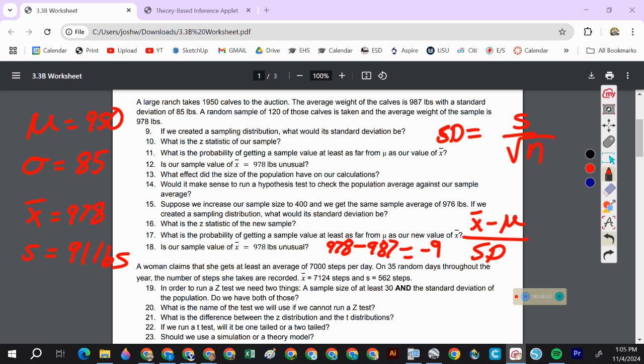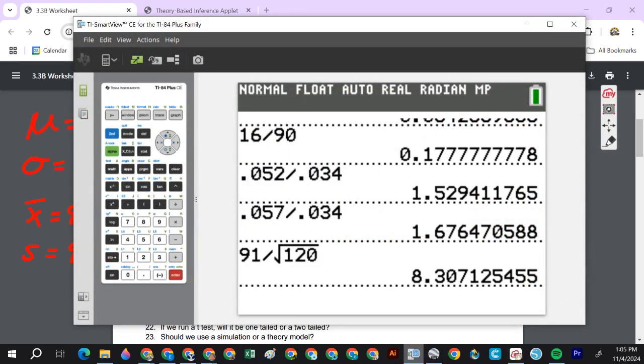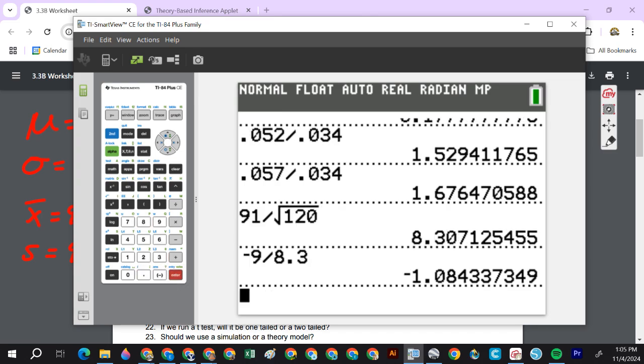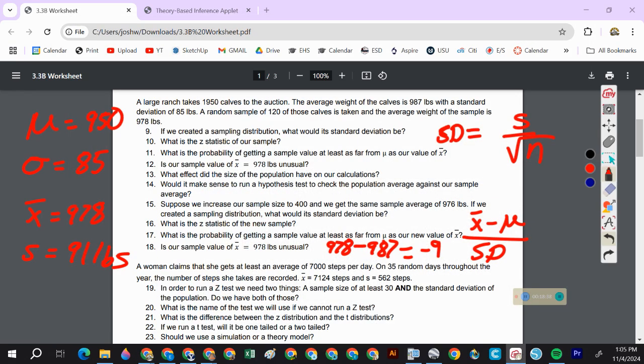It needs to be negative. Why? Because our sample was smaller than our mu. Okay? And what do I do with -9? I'm going to divide it by 8.3. So -9 divided by 8.3 gives me a z-score of -1.08.